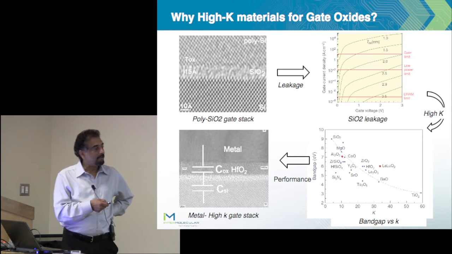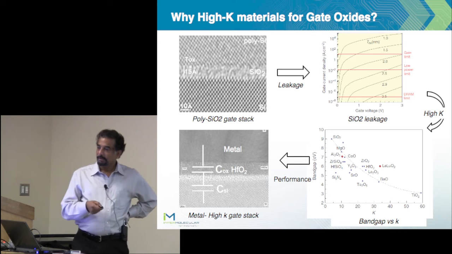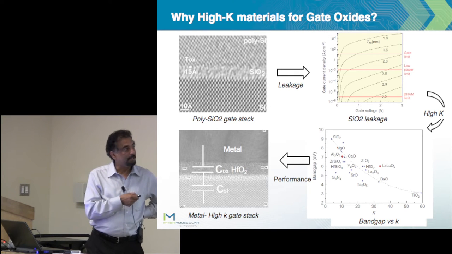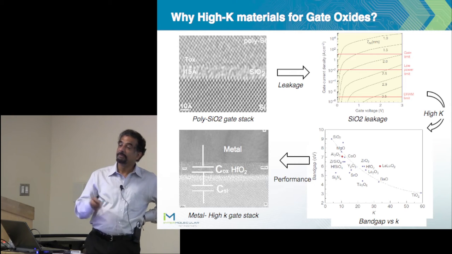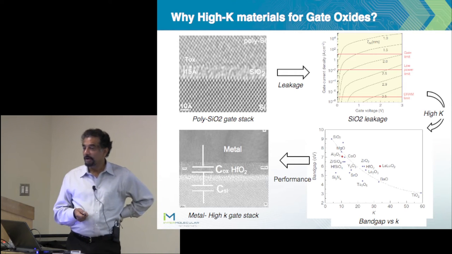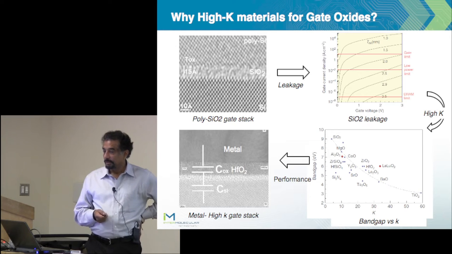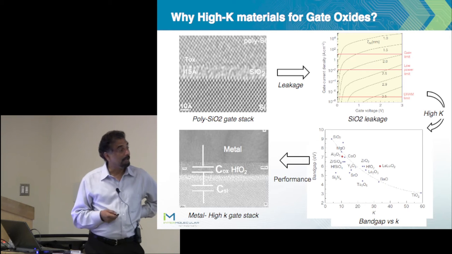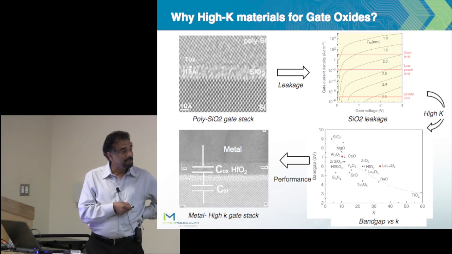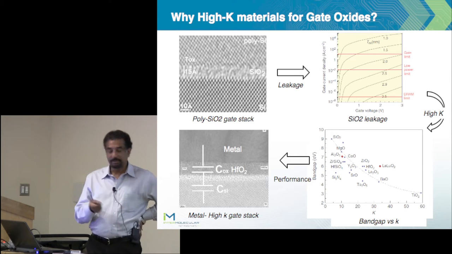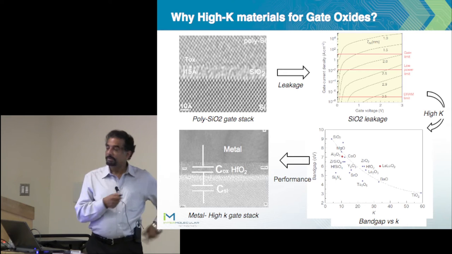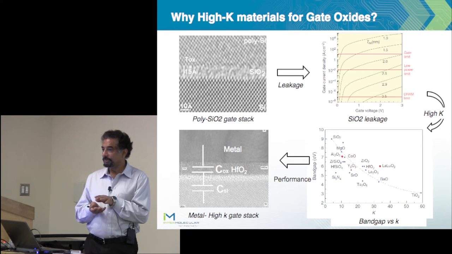So people started looking at all the transition metal oxides. You can find things all the way up to titanium oxide and even to a ternary oxide like STO, which have dielectric constants of more than 100. The problem is that as you increase the K, which you want to be the highest possible, the band gap of those oxides starts to decrease.